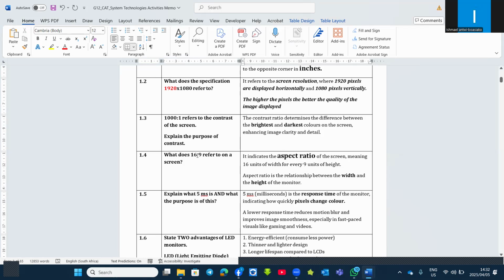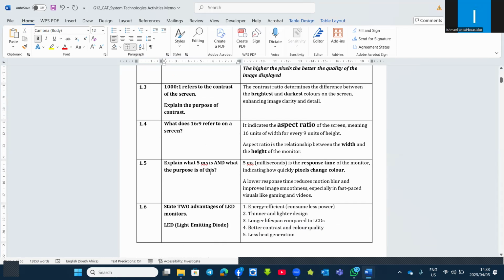In this case, the width is 16 and the height is 9. You should know the difference: whilst the contrast ratio is the relationship between the brightest and the darkest, the aspect ratio is the relationship between the width and the height of the screen.